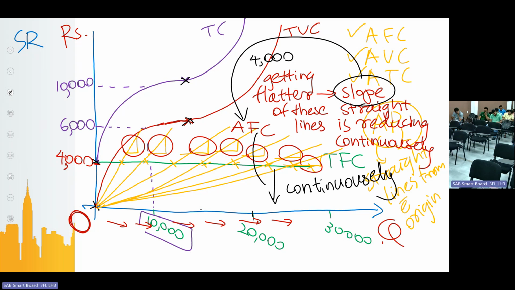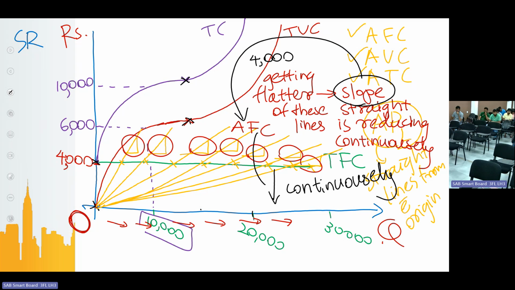You can see the slope is getting reduced when we move along the quantity axis.